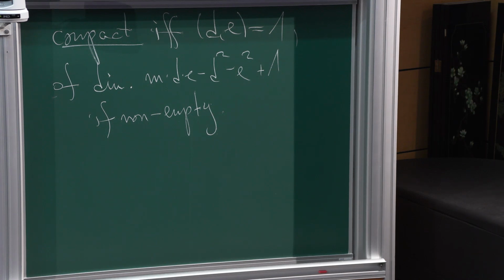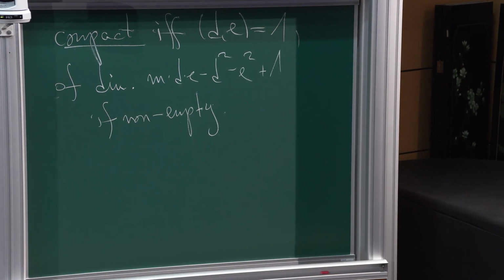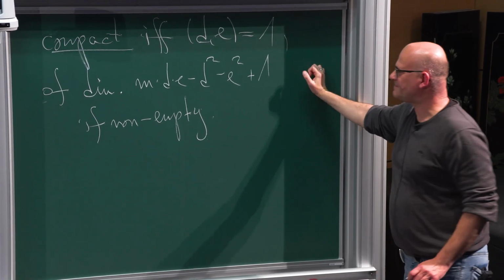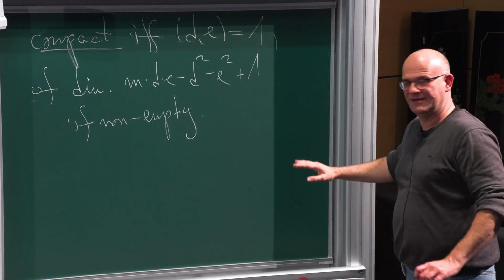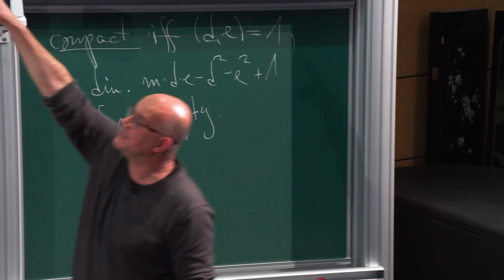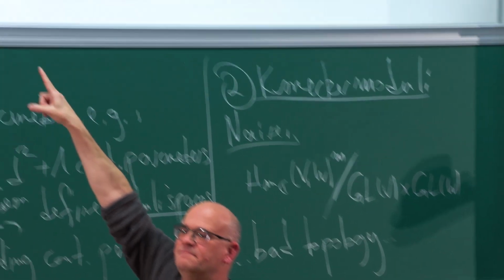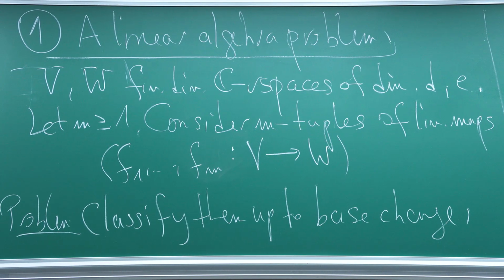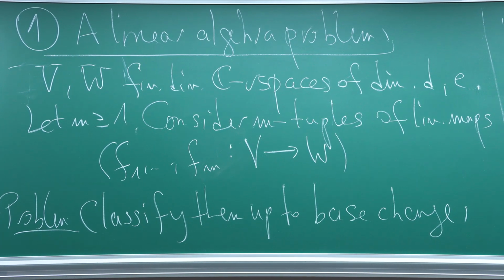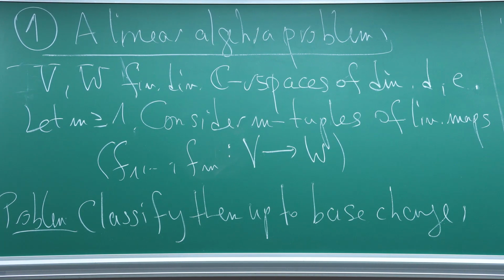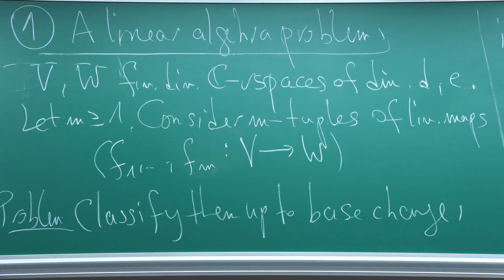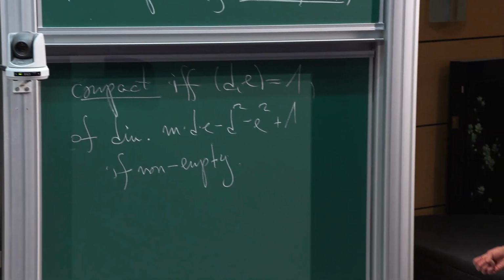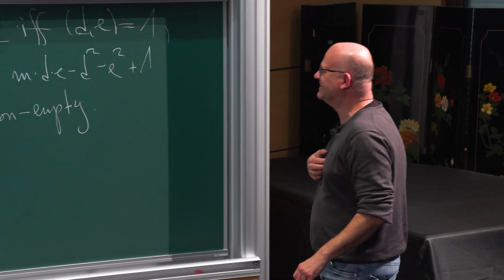We can, but that's another numerical thing which I want to add now. Just notation: D and E are still the dimensions of V and W. Sometimes I really write dimension V, dimension W. But the empty set doesn't have any dimension. Wonderful, that's a very nice solution to this.